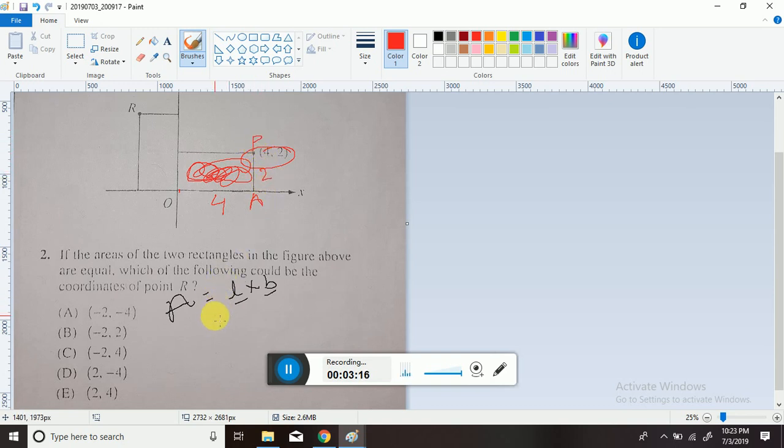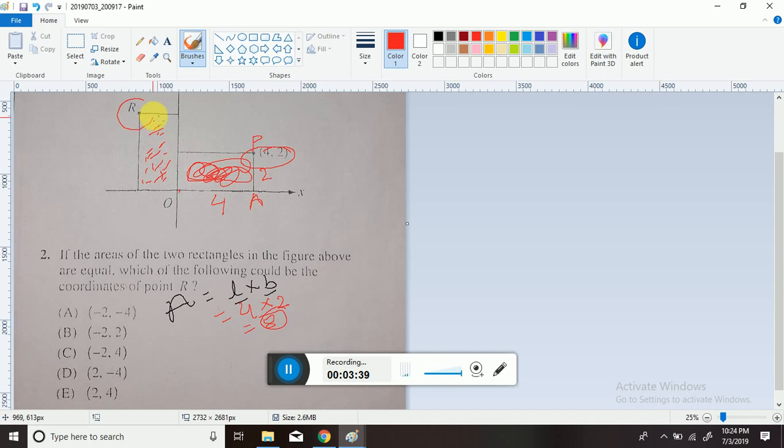So area equals 4 into 2, which equals 8. Now the area of the rectangle R is also the same, that is 8 square units. So we need to find the coordinate of the point R.